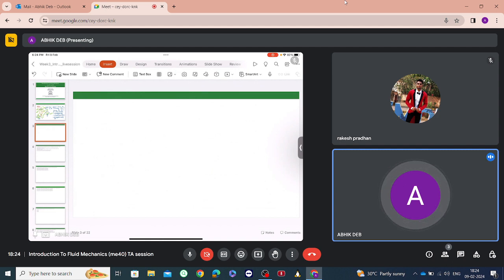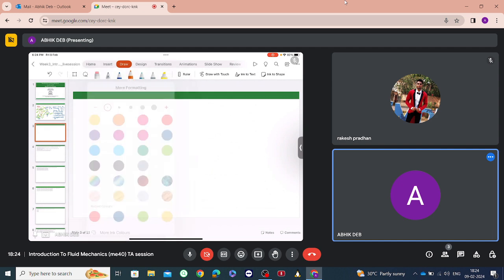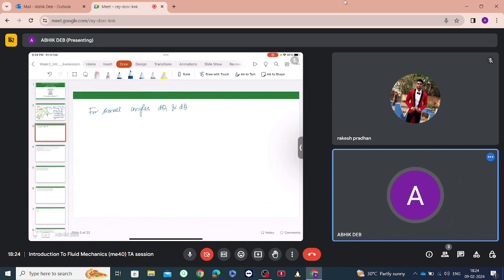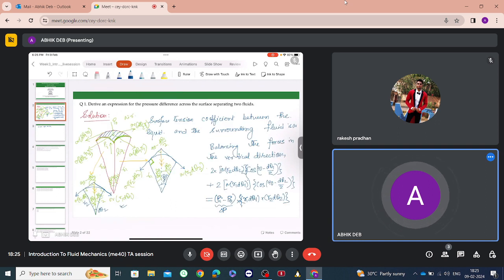So for small angles d theta 1 and d theta 2, if we see here, we will see that cos of 90 minus d theta 1 by 2 will be equal to sin d theta 1 by 2, and this similarly is equal to sin d theta 2 by 2.